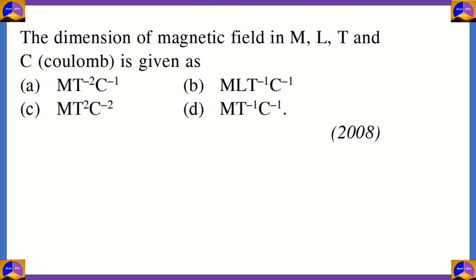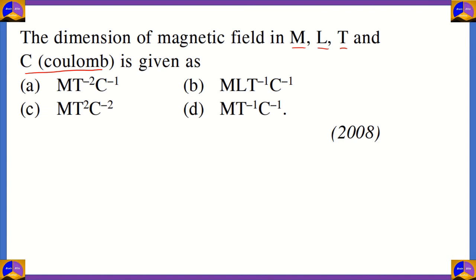So now we've reached the final question of this episode. The dimension of magnetic field in mass, length, time, and coulombs is given as. So we have one of 4 options and we need to find out the correct one. Note that in this question we have to use the 4 quantities given to us.